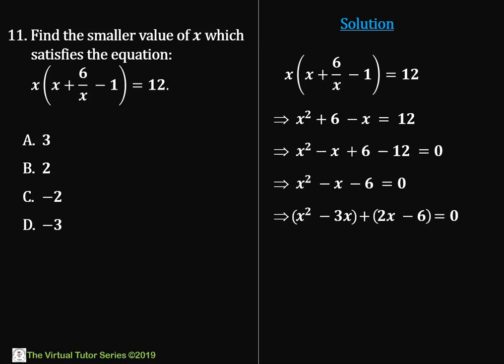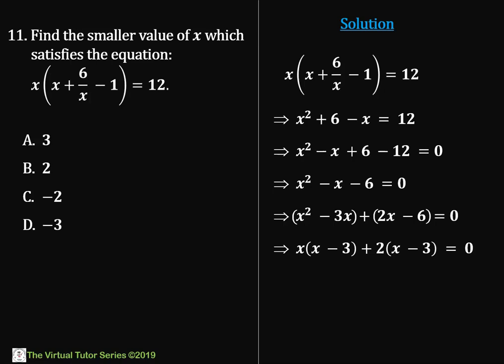So the last two terms factorize into 2 into bracket x − 3. So our equation now becomes x into bracket x − 3 bracket close + 2 into bracket x − 3 is equal to 0. It can be seen that x − 3 is common to both terms.